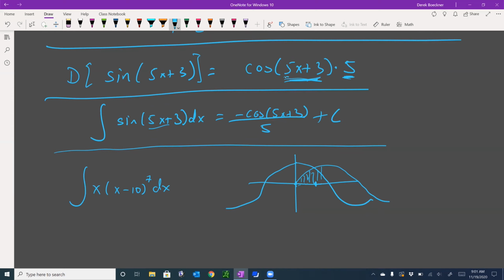So my antiderivative should be an increasing function. So what I need to do, I know that it's related to the cosine for sure. The cosine is a decreasing function though, so I have to flip it over to make it an increasing function. At least that's how I think about it. Somebody showed me this one time.